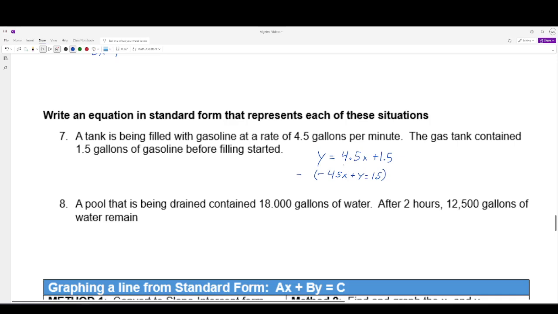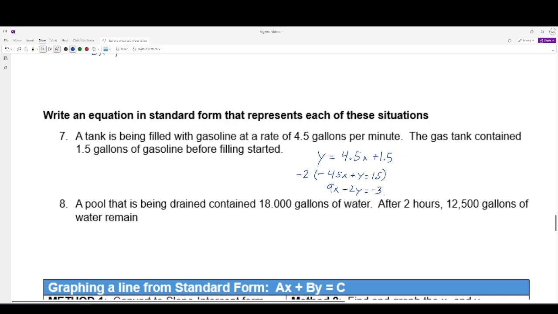So here's a spot where we might accidentally make the numbers too big, because we know that we can get rid of decimals by multiplying by 10. But that would make these numbers way too big, because since these are halves, we want to multiply by 2, not by 10. So when I multiply by negative 2, I get 9x minus 2y is equal to negative 3. So that's my standard form equation.